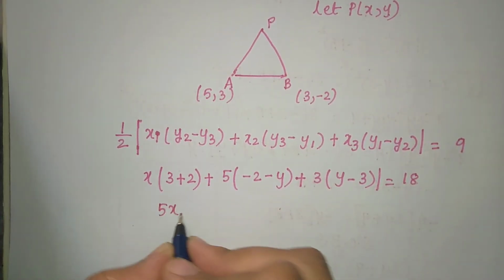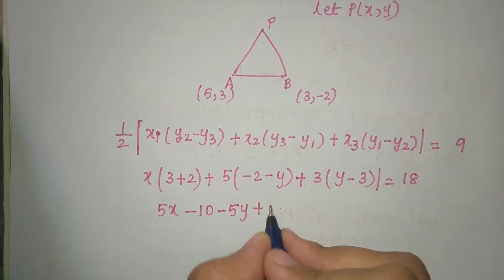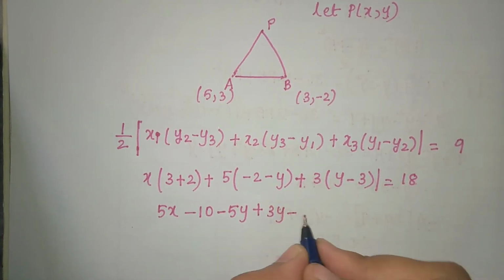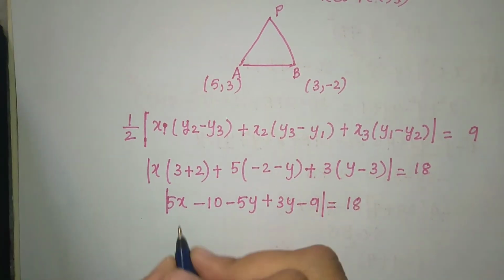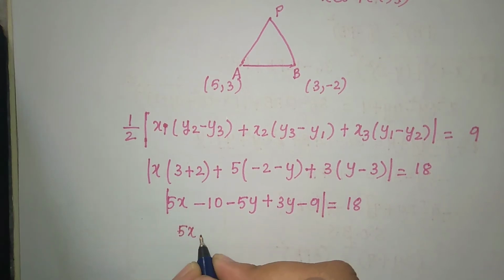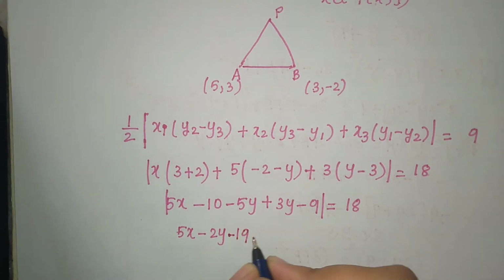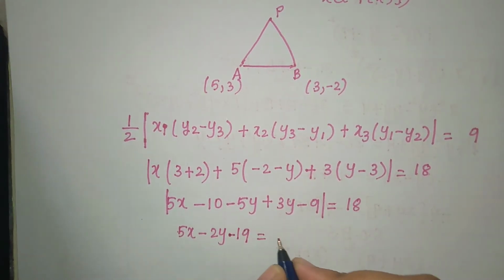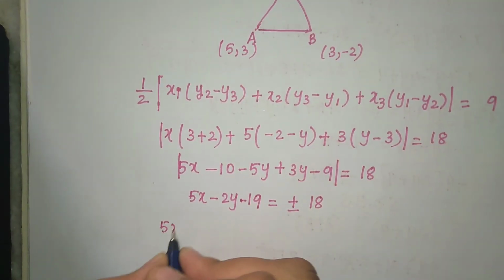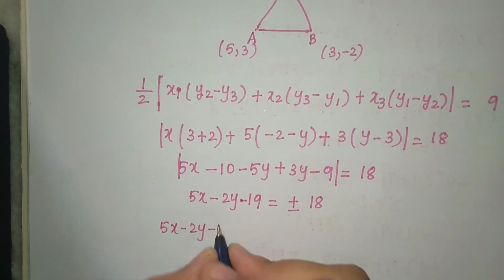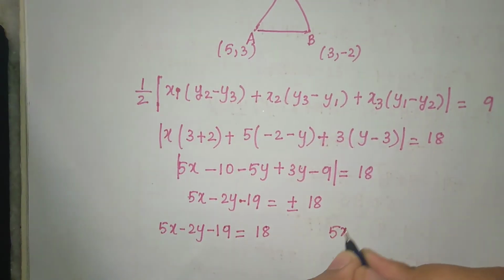So 5x minus 10 minus 5y plus 3y minus 9 is equal to 18. So 5x minus 2y minus 19. So removing mod, we will get plus or minus 18. So one condition is taking plus 18. The other one is taking minus 18.